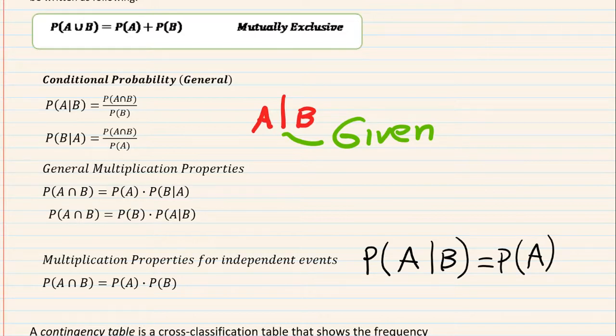So the probability of A given B is just going to be the probability of A, or in this case, the probability of B given A is just going to be the probability of B. Given A makes no difference, right? We can just ignore that information.